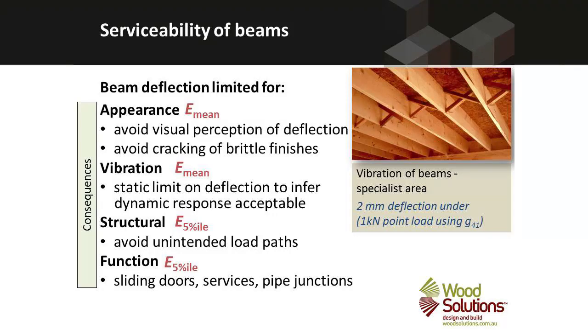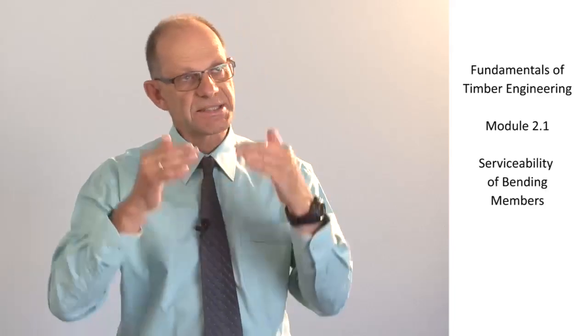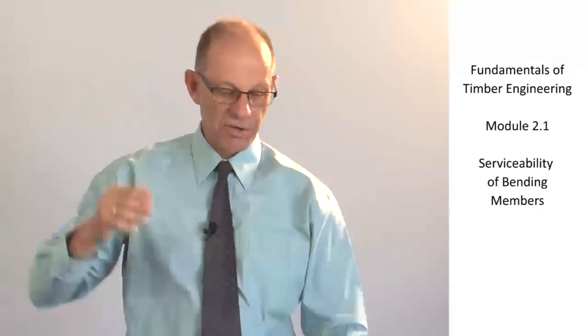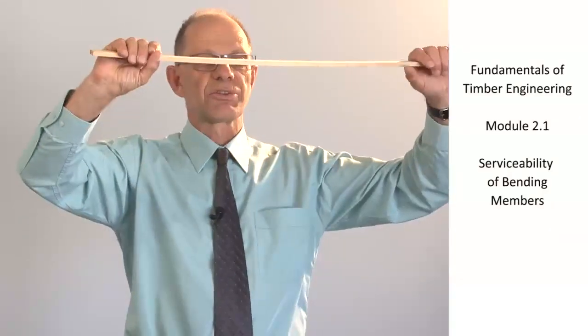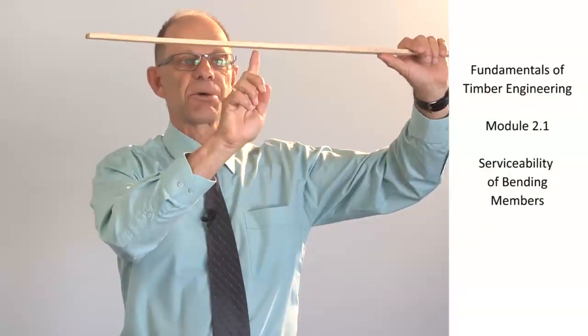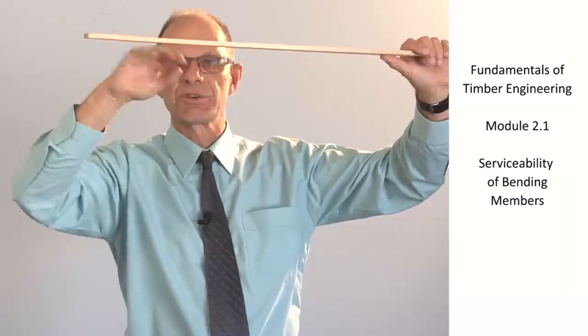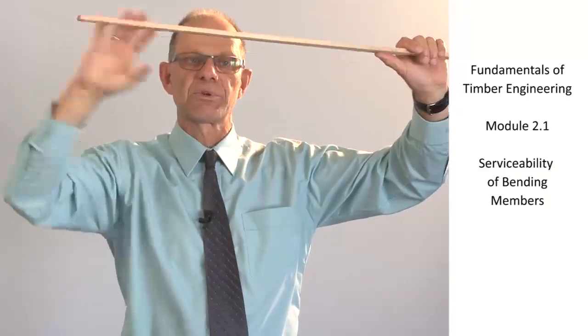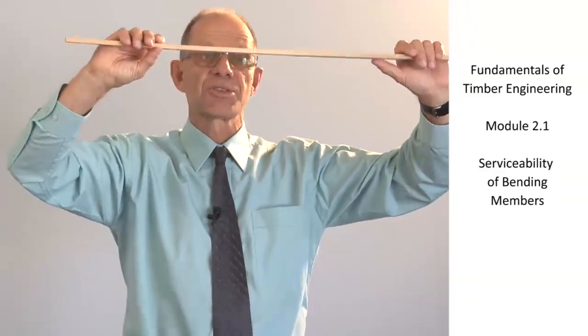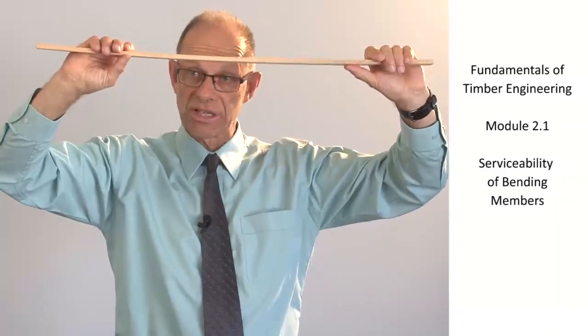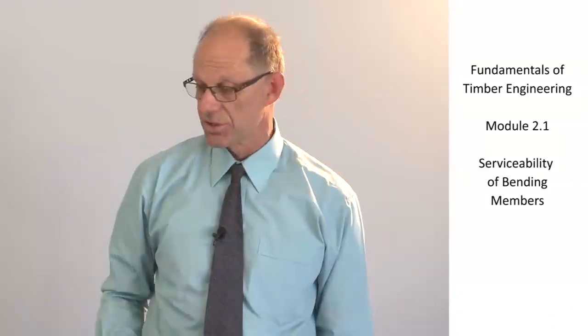And sometimes if something sags too much, it can lead to unintended load paths. A classic is if a lintel over the top of a window deflects so much that it hits the top of the window, then it transfers loads directly into the window and can cause the window to break. So deflection could lead to structural damage to the building.